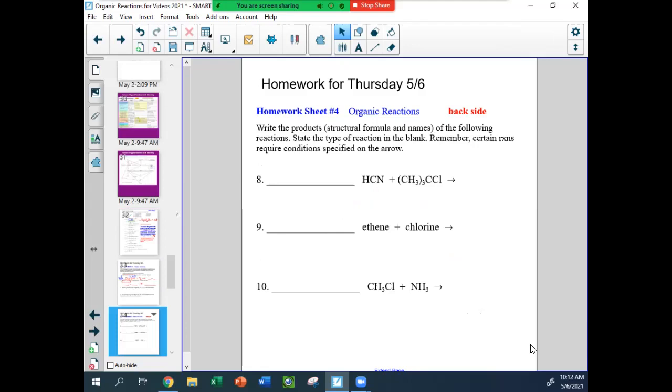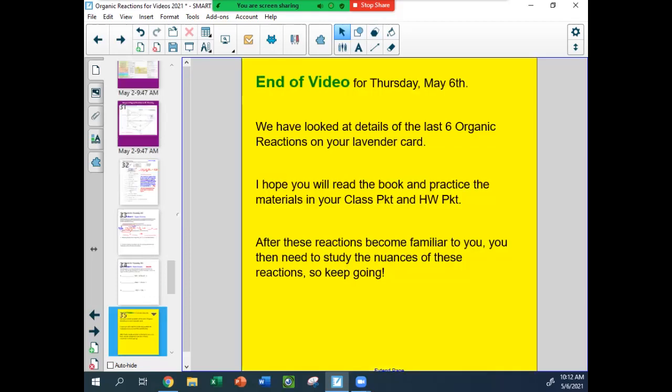You and many other students before you can do this and do it well. On the back side of the homework for Thursday night, you've got to write the products of these organic reactions and give me the name. Remember, you can always use your purple card for remembering the names. I think you'll be able to do just fine as you work through this worksheet.